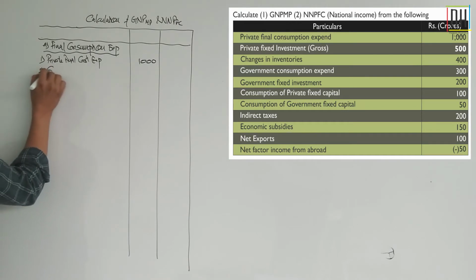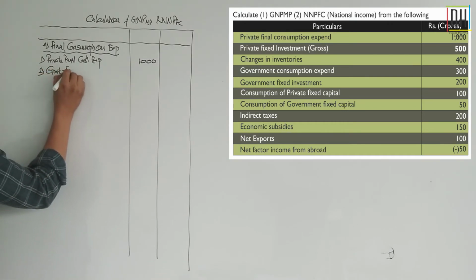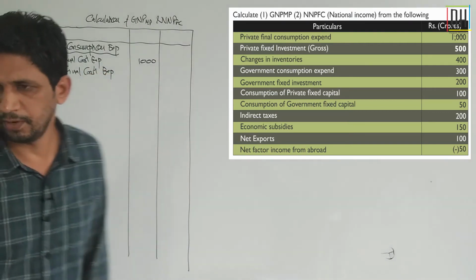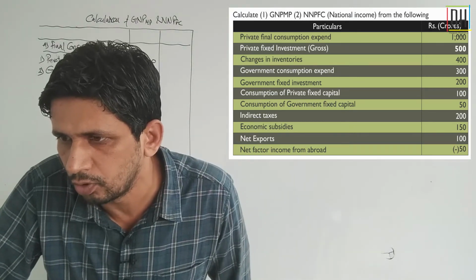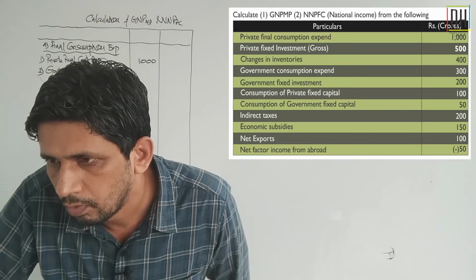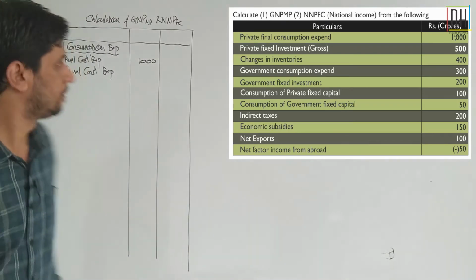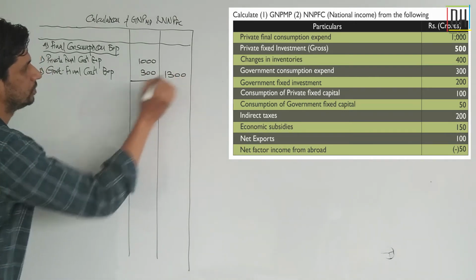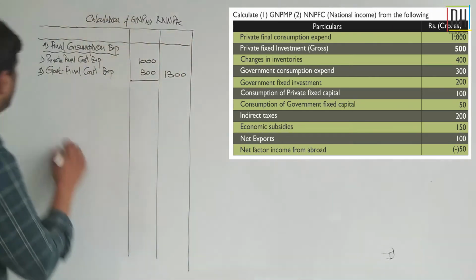And number 2, government final consumption expenditure, which is rupees 300. Total amount is 1300.